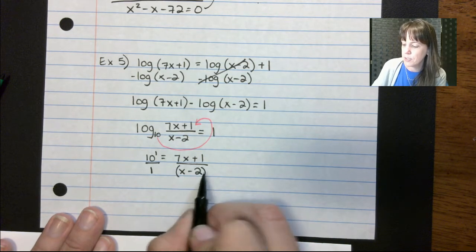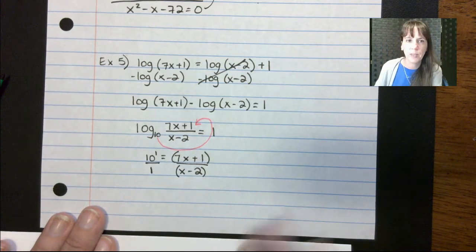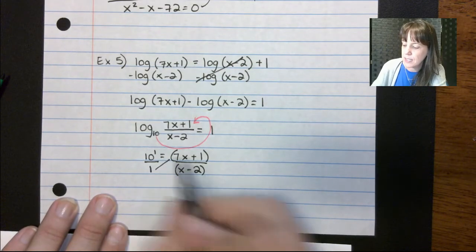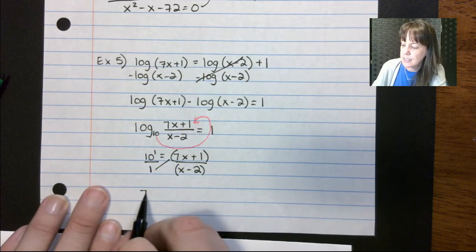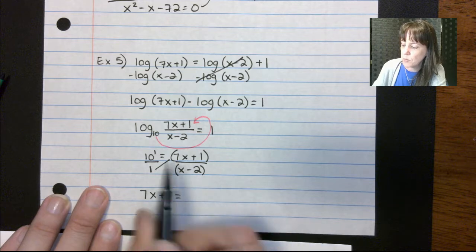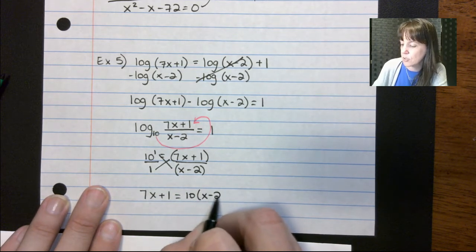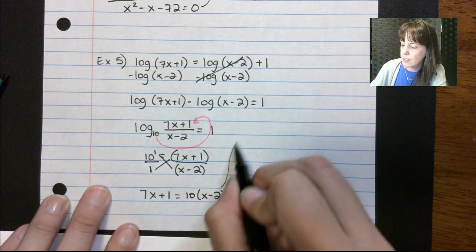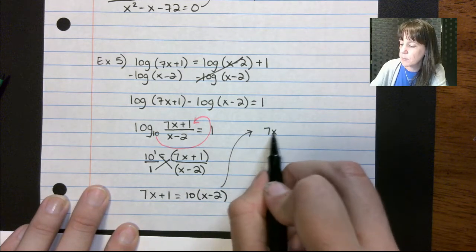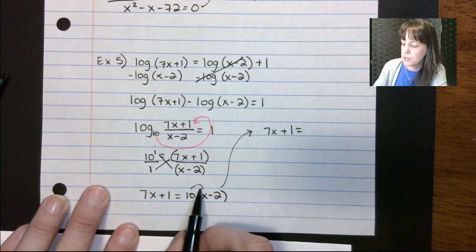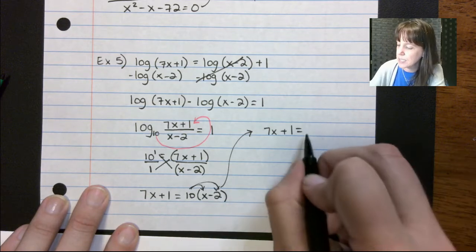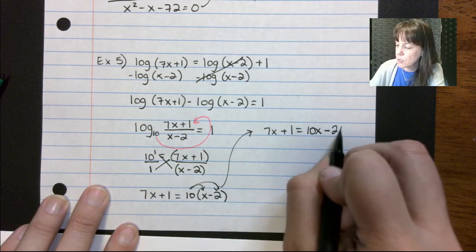Remember to protect your addition and subtraction when you have fractions. So this times this gives us 7x plus 1 equals 10 times quantity x minus 2. Let's move this up here. So 7x plus 1 equals, and distribute here, 10x minus 20.